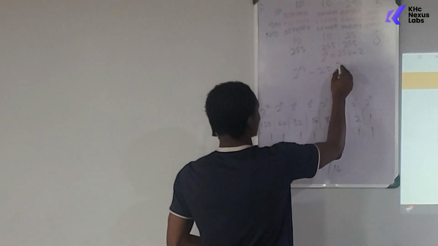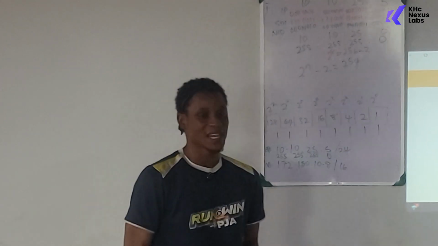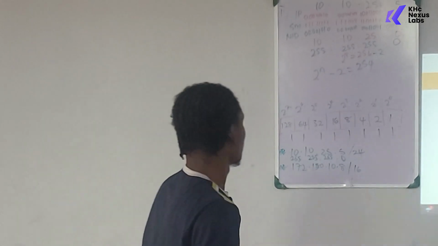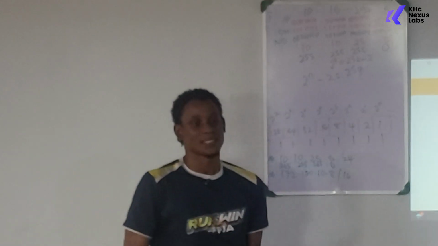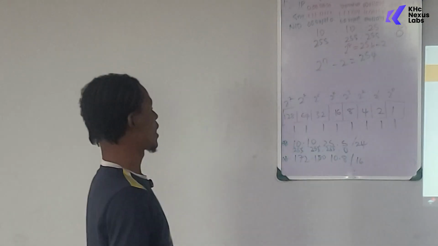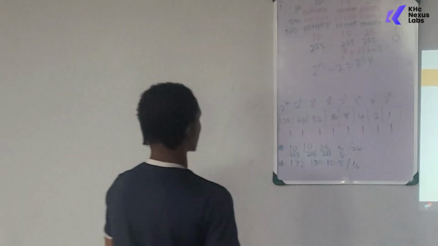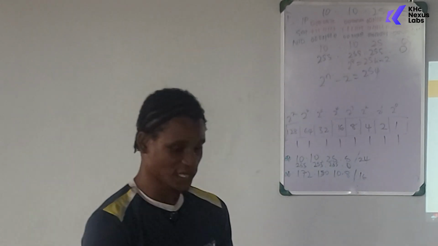What does that give us? 254. All right, so we have IP addresses to play with from 10.10.25.1 down to what? 254. We cannot touch 255. Why? 255 is for broadcast, right?